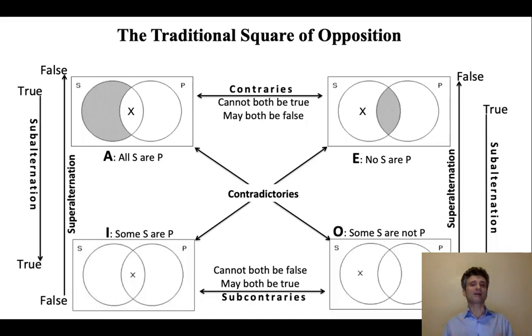So if I say all bananas are yellow, I mean that there exist bananas in the world, they are in existence, and all of them are yellow things.